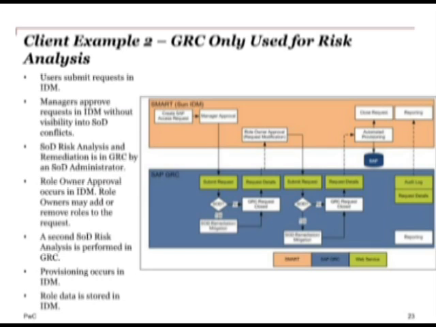This is a little bit different where provisioning happened directly from IdM instead of within GRC. GRC was really used for the SOD component. So manager and role owner approvals would happen in IdM, maintaining all of that within one system, and allowing the compliance activities to happen within GRC. GRC was still the source of the data that fed IdM.